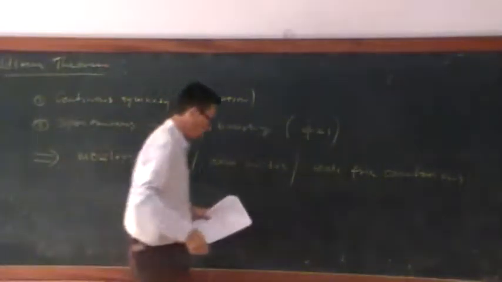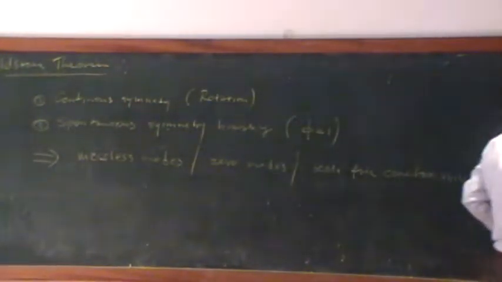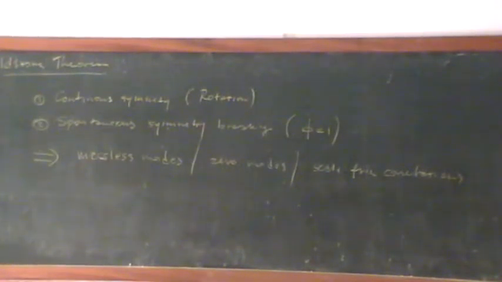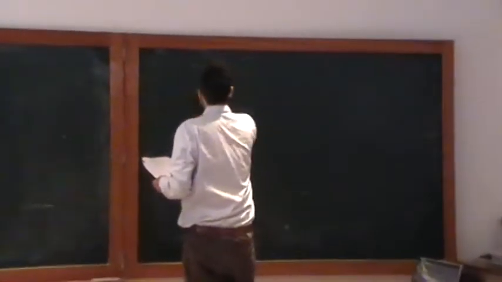So the idea is the following. Imagine that you have a potential defined over two variables, and that this potential is something like that. Okay?